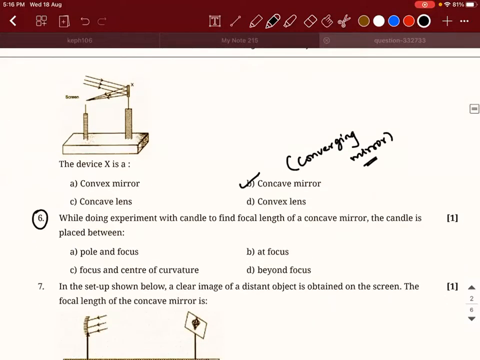Sixth. While doing the experiment with a candle to find the focal length of a concave mirror, the candle is placed between what?